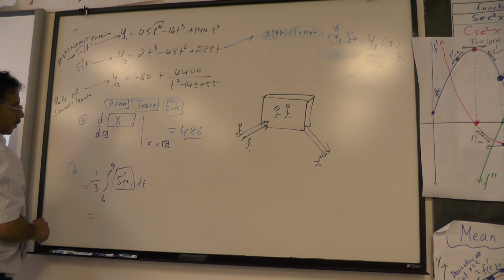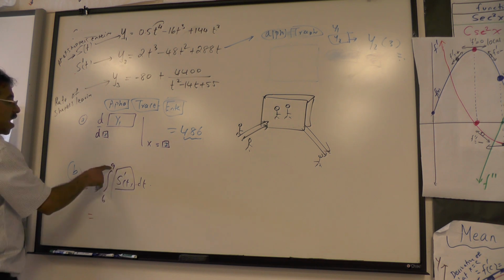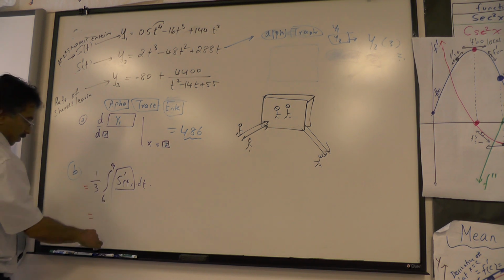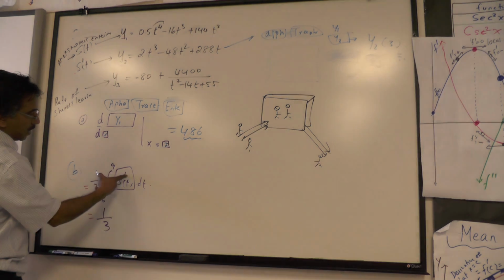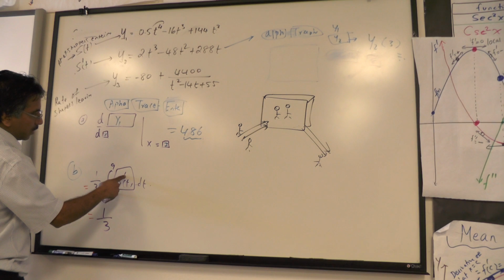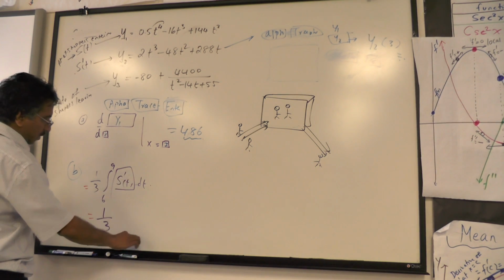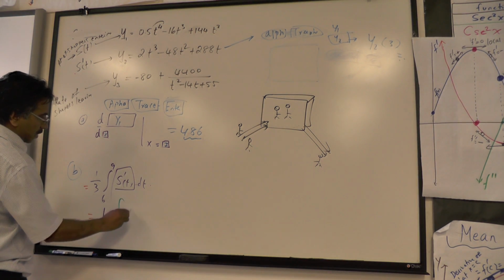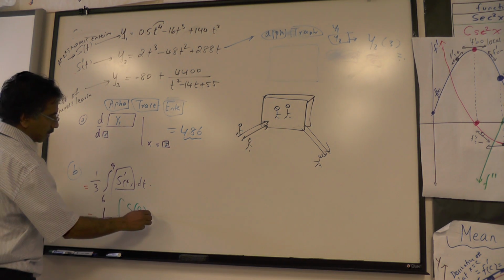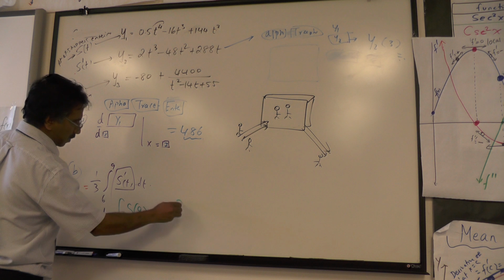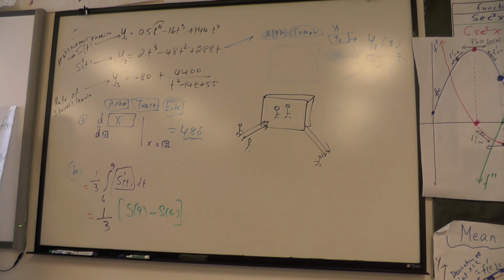So we substitute directly S of 9. This is the same as, because there is an integral and a derivative, when you talk about integral or derivative, the cross out, this is like S of 9 minus S of 6. Check this out.